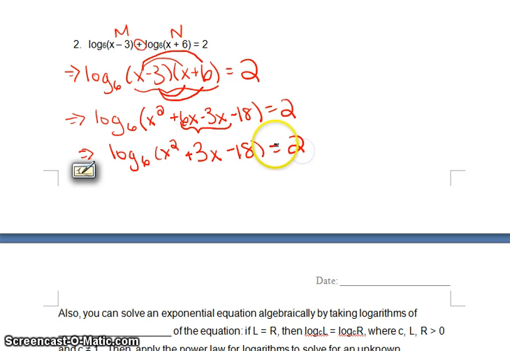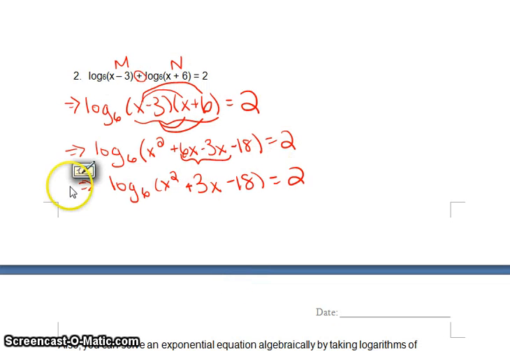From here, what we're going to do is you can use your statements, but something that's very nice about this is that we're going to write this into exponential form, and you'll see why I do this. So we have b to the n, so we'll rewrite that as 6 squared is equal to x squared plus 3x minus 18.